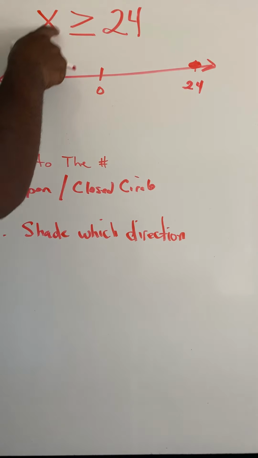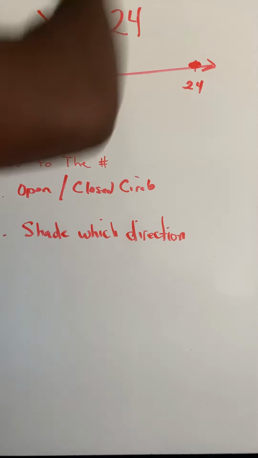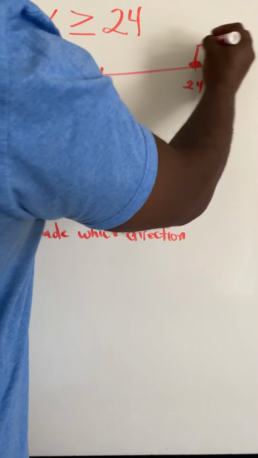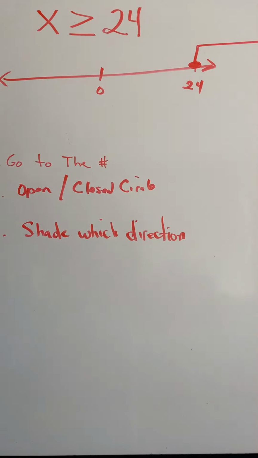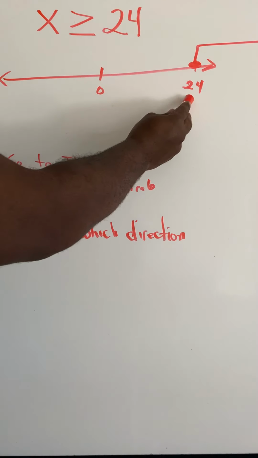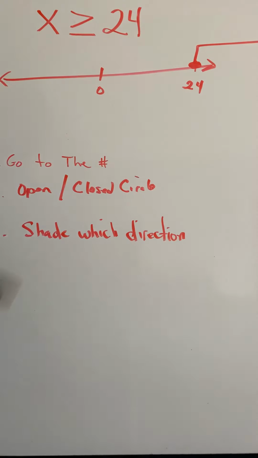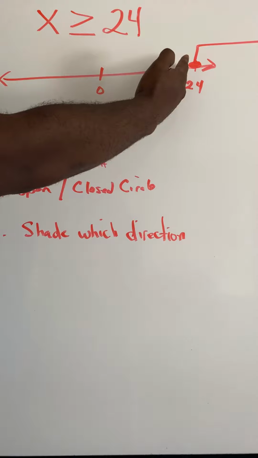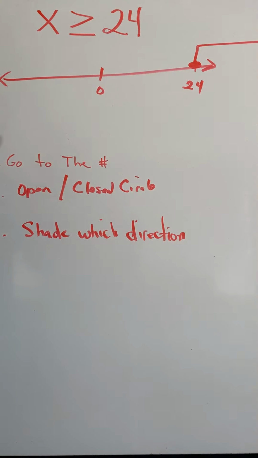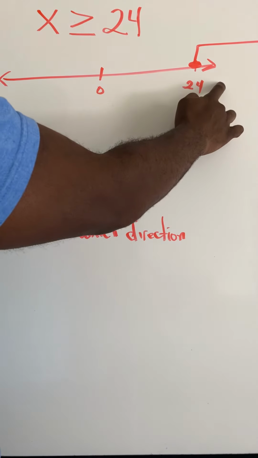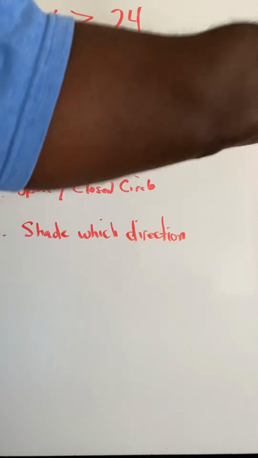Greater than or less than? The big mouth is to the variable. Greater than goes to the right. What does that mean? The answer could be 24, 25, 26, 27, 28, or any number that way, okay? But it can't be 23, it can't be 22. It could be 24, or 25, or 30, or 50, okay?